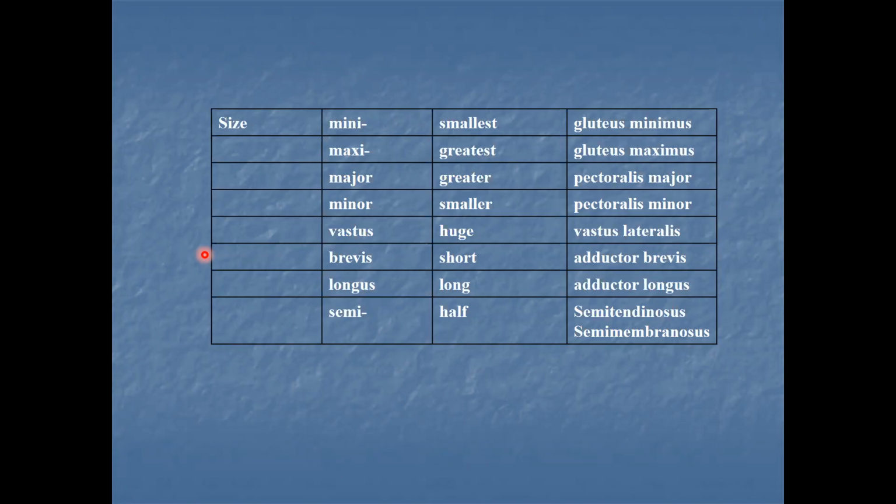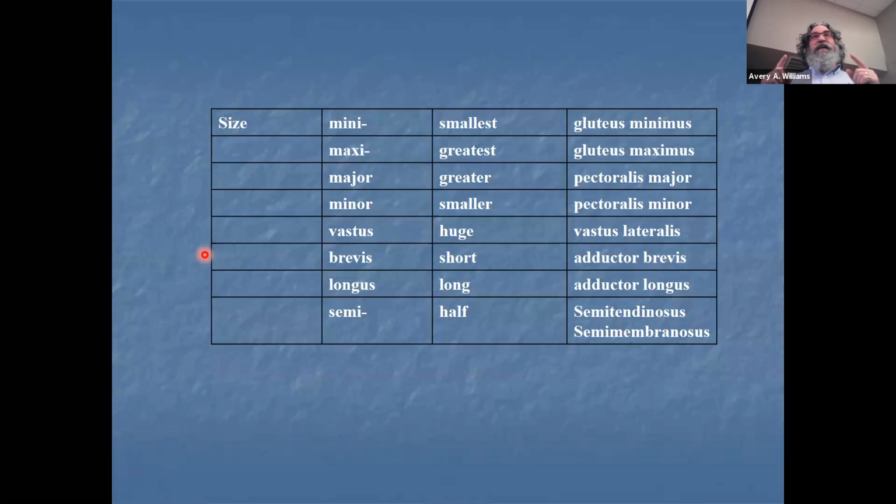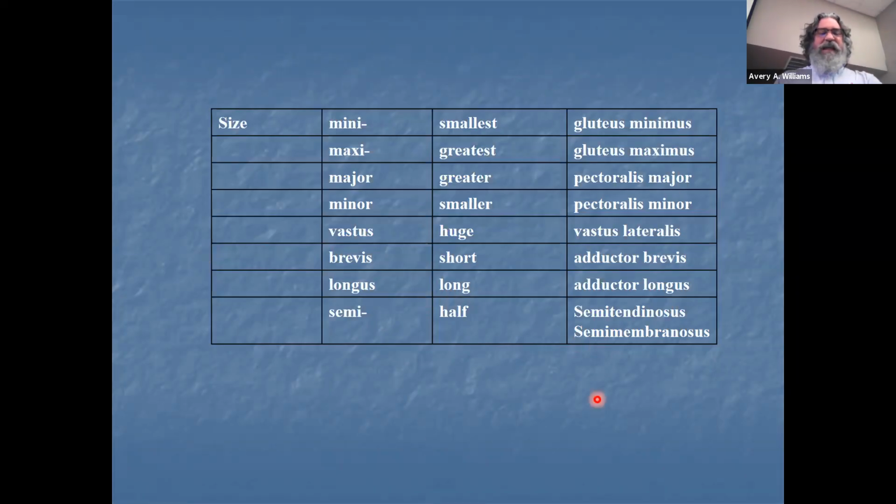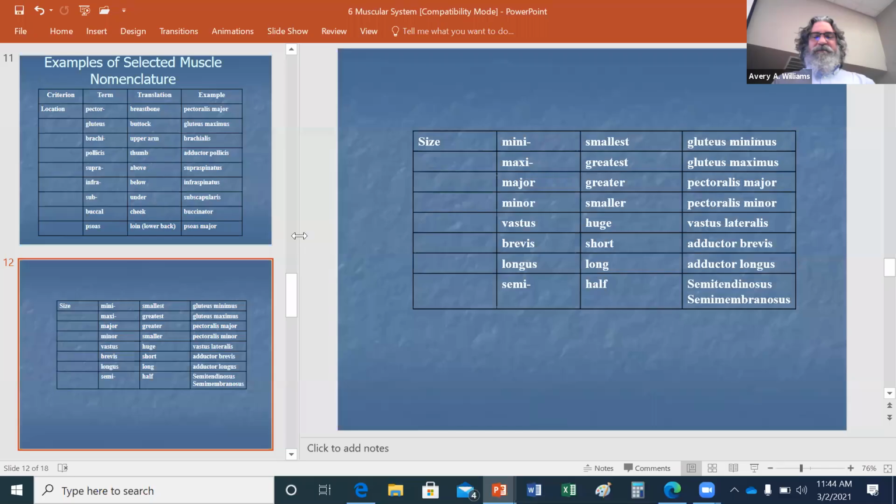That's a question I get every semester, and I'm glad you asked it, because there's always a handful of students that screw that up on the second exam. I didn't know you were going to ask all those muscle questions. Why wouldn't I? I spent time on it, and I built these tables. If I go through the trouble of building these tables and going over them, they're probably pretty important, and I'm going to use them.